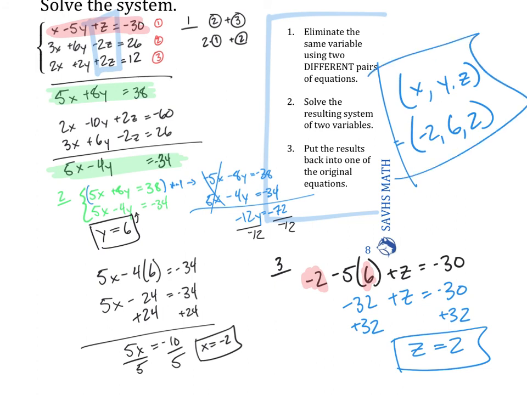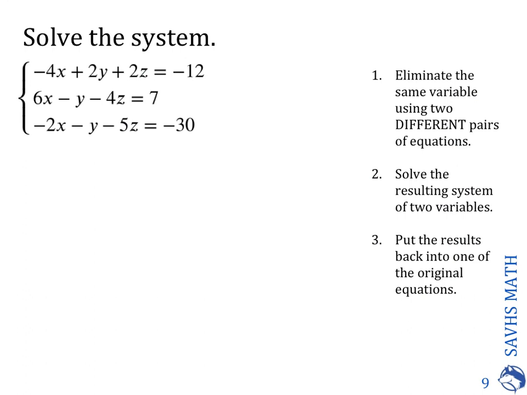Okay, one more practice problem is on this video. I'm going to put it here. Okay, surprise, I'm back. Let's take 2 times equation 2, add it to equation 1.